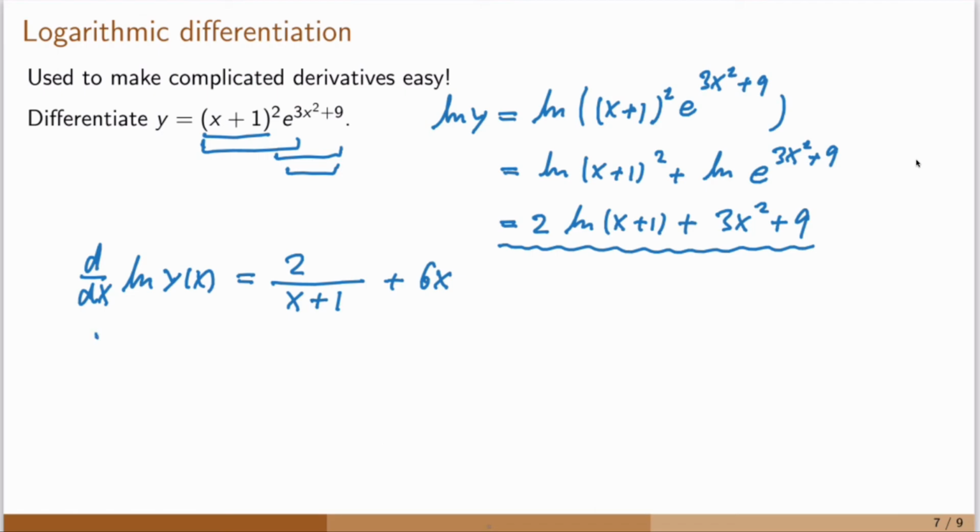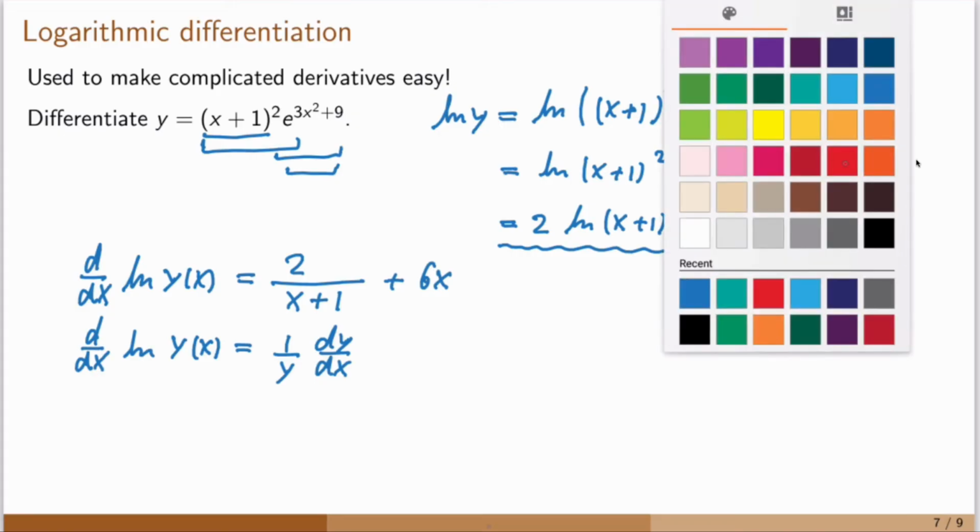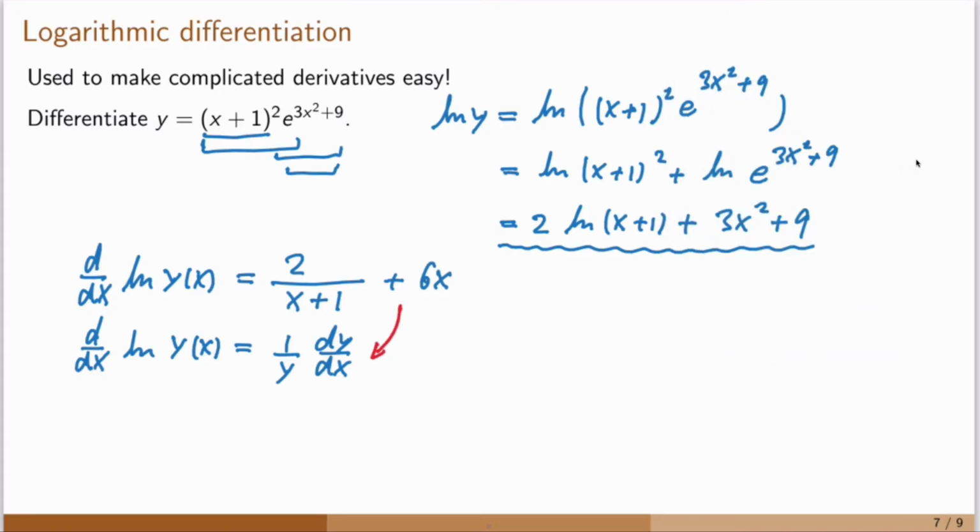However, we also need to look at the left-hand side. So d by dx log of y of x is 1 divided by y times dy by dx, chain rule, right? So this means we now have to equate those bits. So this equals that. Giving, so then we have dy by dx itself, this is what we are looking for, equals y times 2 divided by x plus 1 plus 6x.